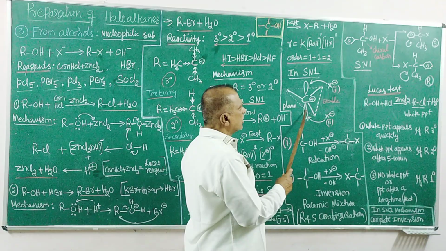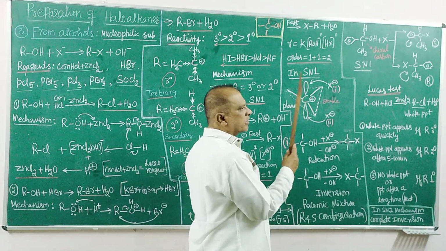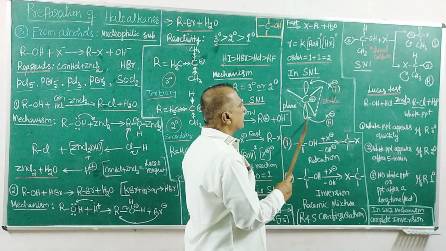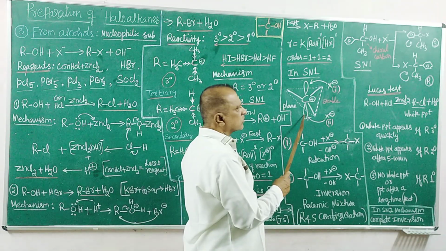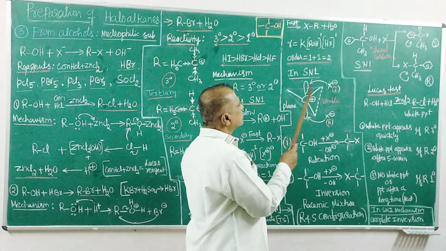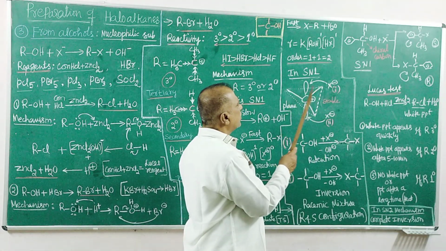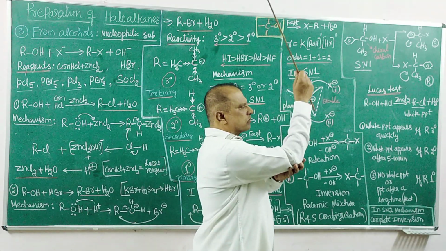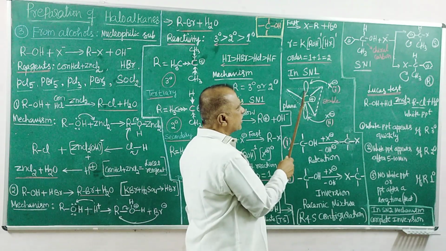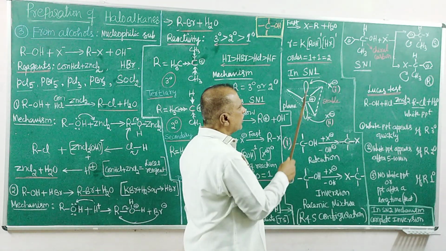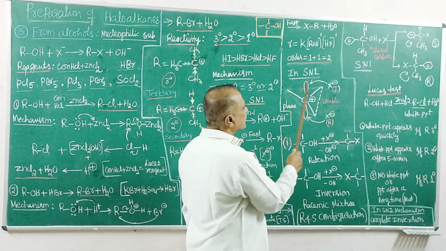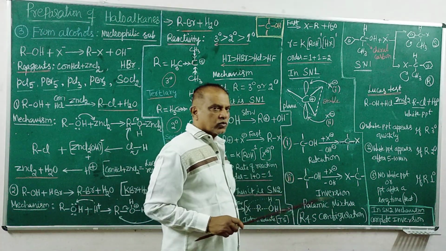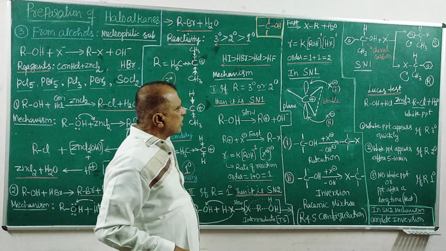It is a non-bonding p orbital without electrons, because the electron is taken away. So this bond and this bond are in one plane, and the p orbital is perpendicular to the plane, with one lobe above and one below. That is the structure of the carbocation in this case.